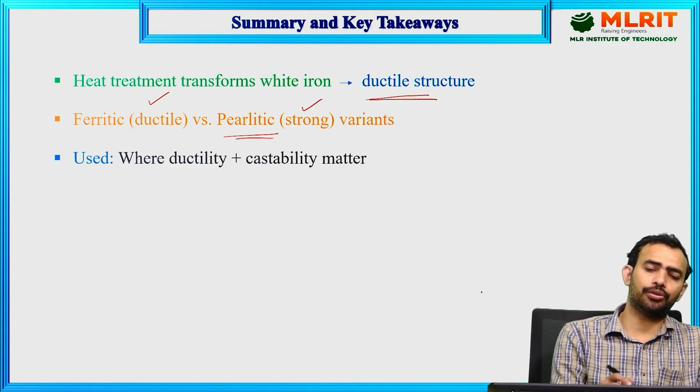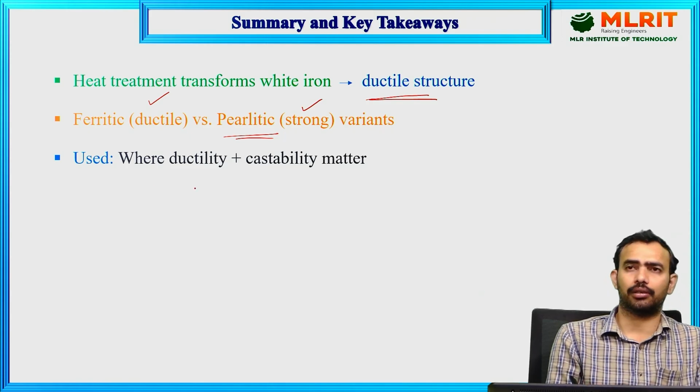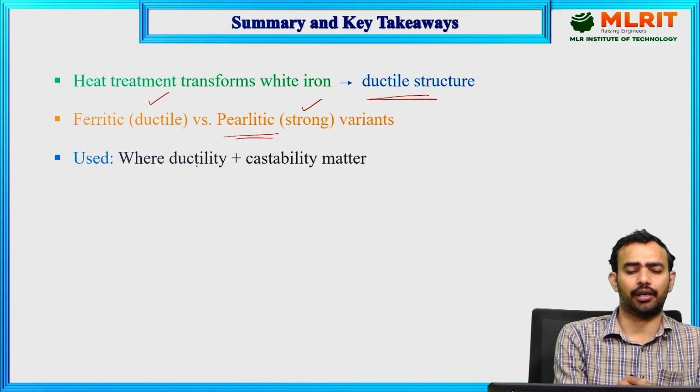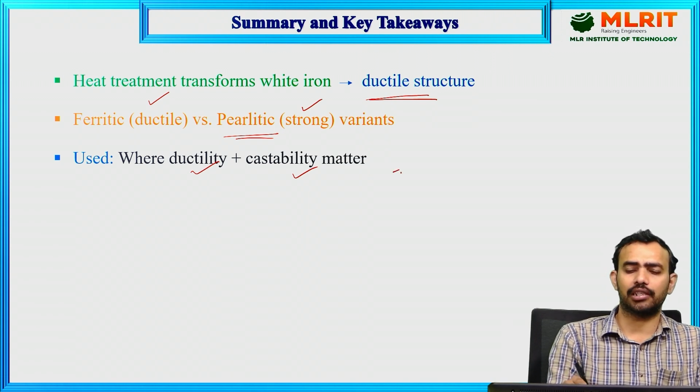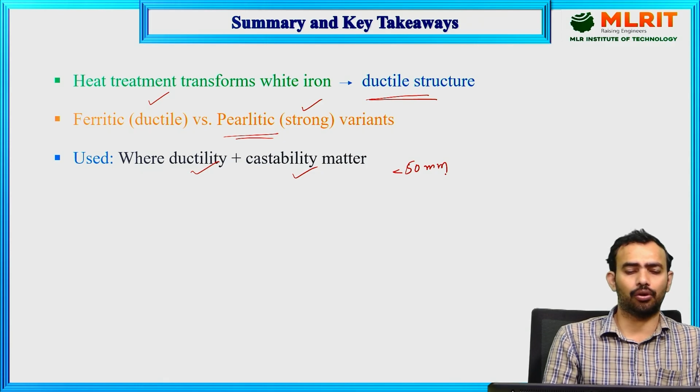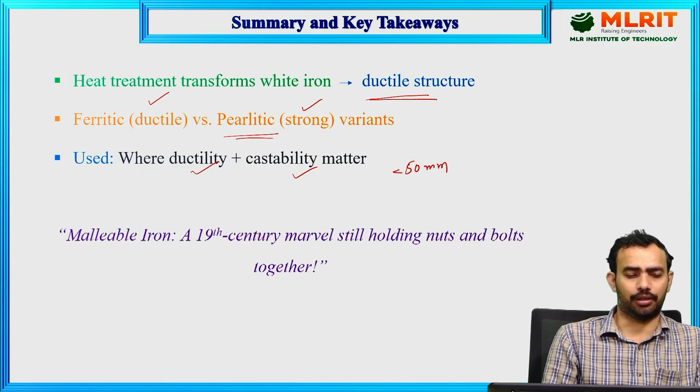Malleable iron is used where ductility and good castability are required, and when you want to produce thin components, less than 50 mm, we can go for malleable cast iron.